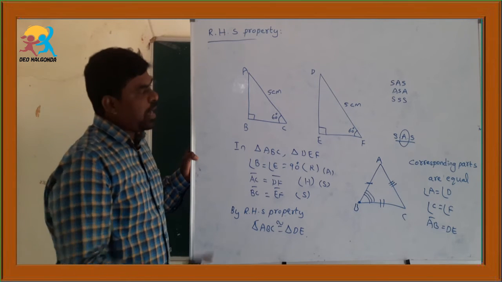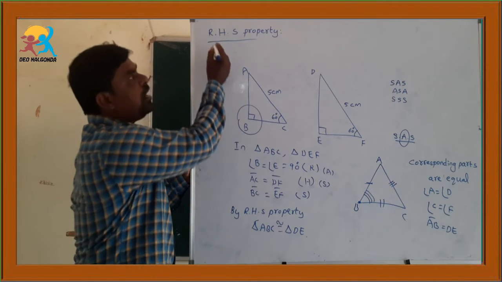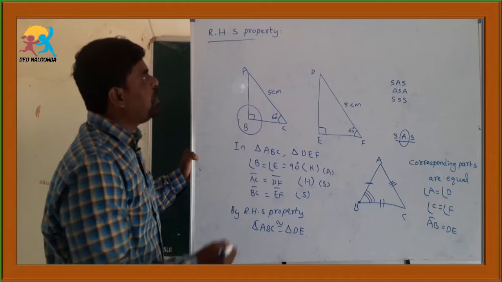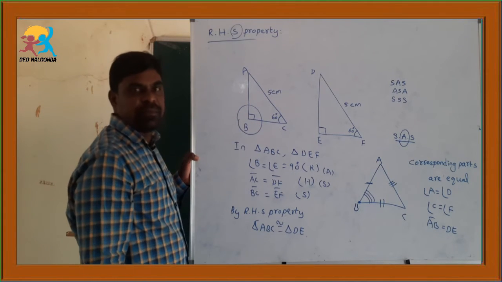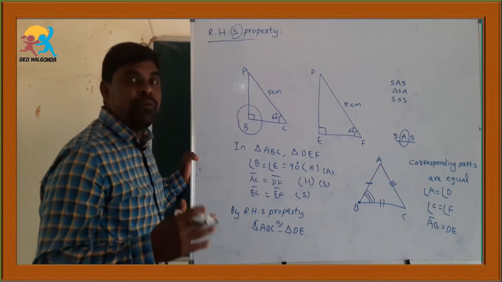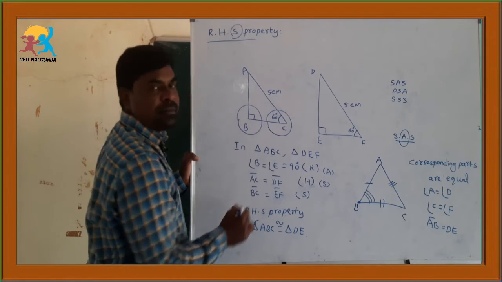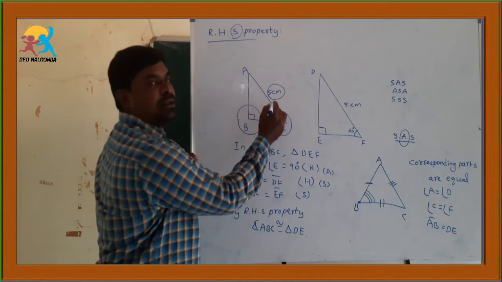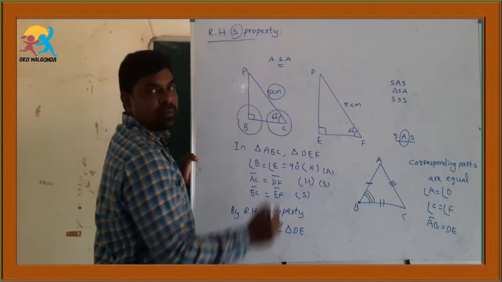No. Actually, here we have a right angle, but according to the definition of RHS property, we require a side, but here no side is given. That's why here we should not use RHS property. Then which property is to be used? We have two angles and one side, so we have to use ASA property.